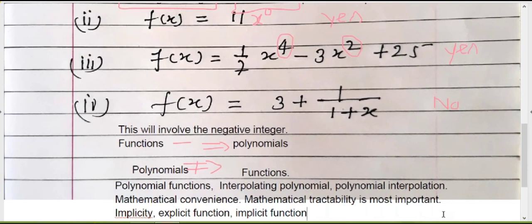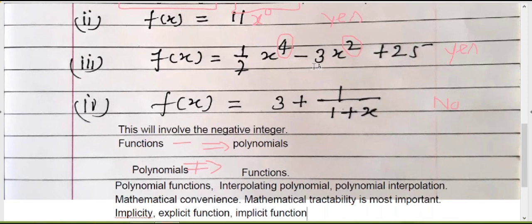So somehow we manage to approximate the function so that we can get the solution, and we can handle the mathematical tractability of the polynomial because of these simple conditions.